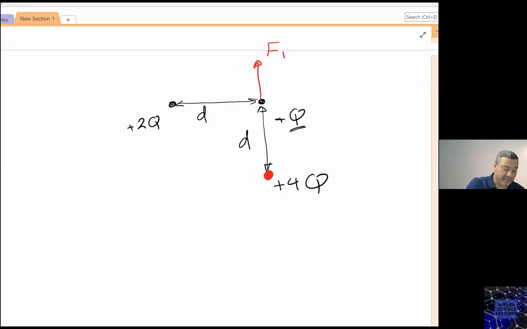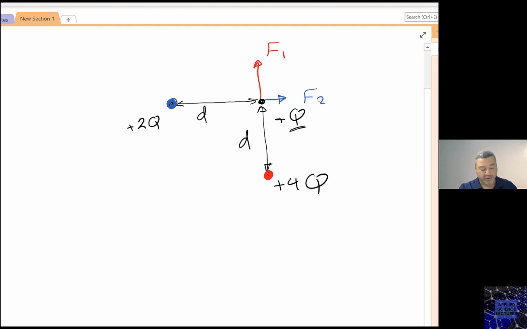Now if I take this one to be blue, so I can represent the force exerted by this plus 2Q on the plus Q. And again, it is a repulsive force because they are both positive charges. So the force due to the positive 2Q on this positive Q will be F2.